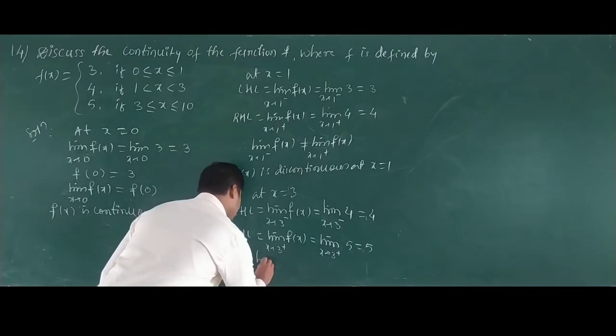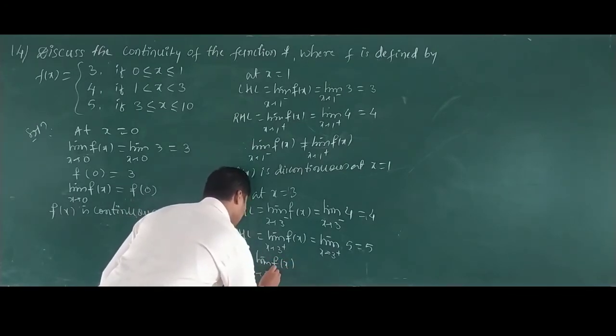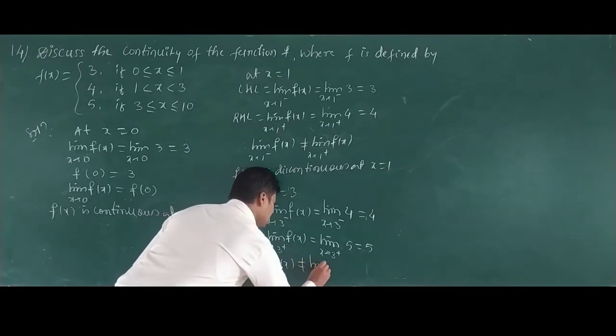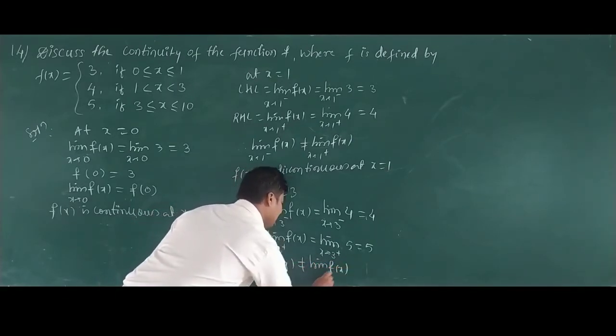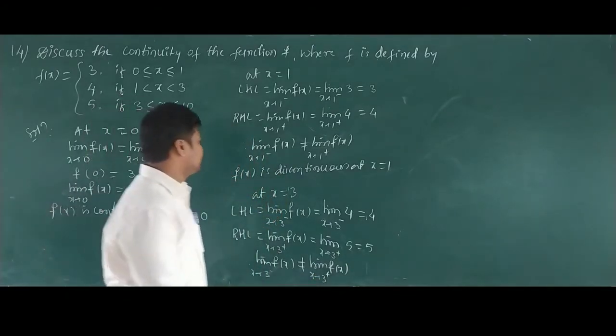Therefore, limit of f of x as x tends to 3 minus is not equal to limit of f of x as x tends to 3 plus.